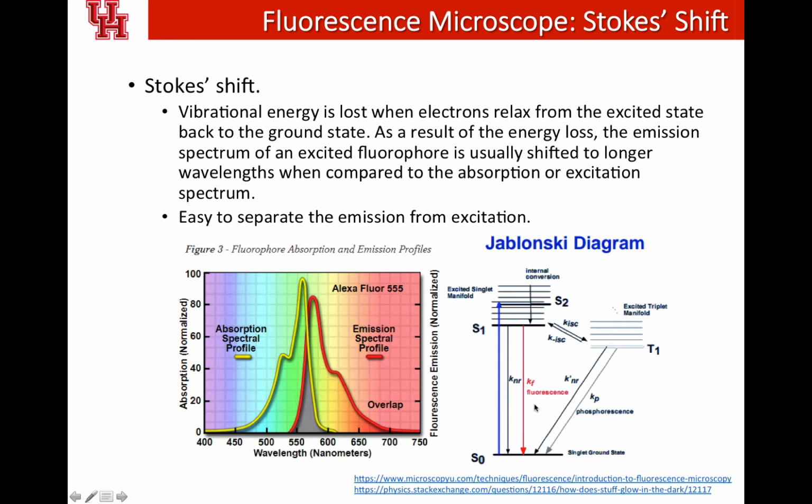This generates the fluorescence light emission. That's why the emission energy is always lower than the excitation energy, and therefore the wavelength will be longer, because energy is inversely proportional to wavelength.